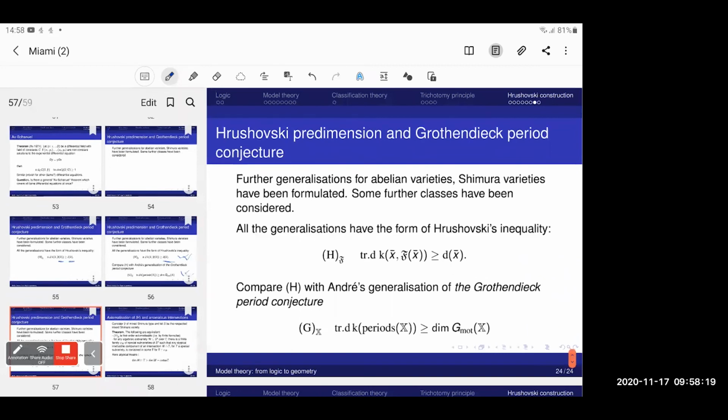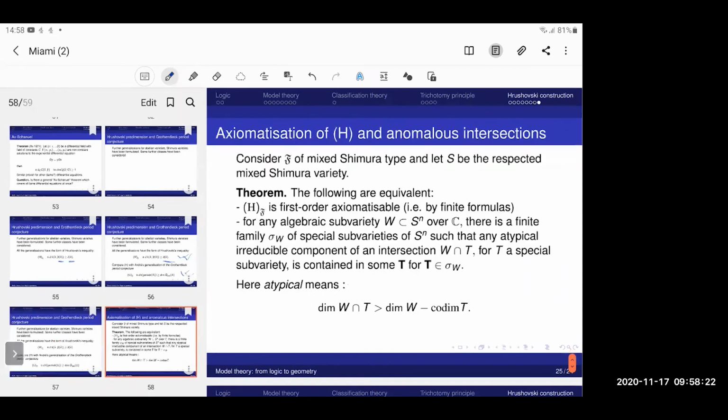Right. And finally, the very last thing. So this brings us at last to the issue of axiomatization.